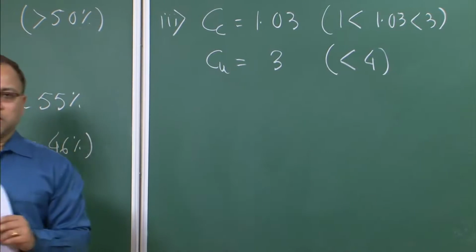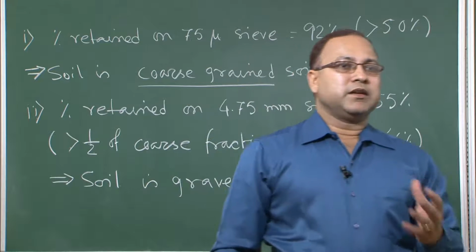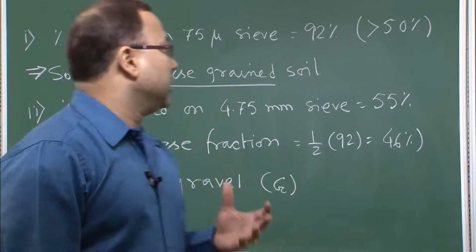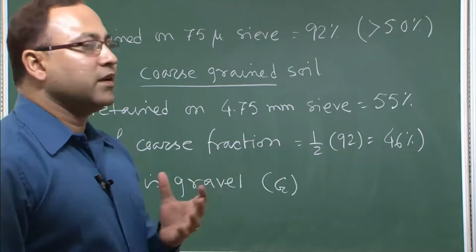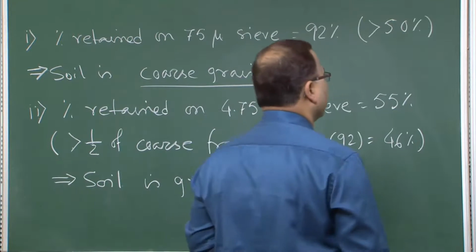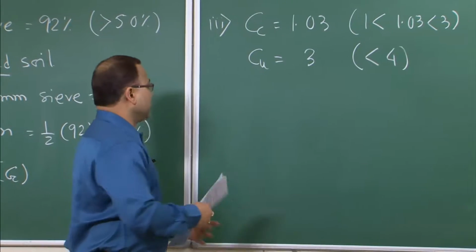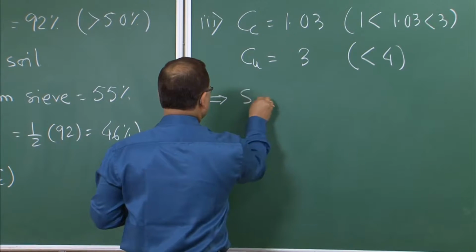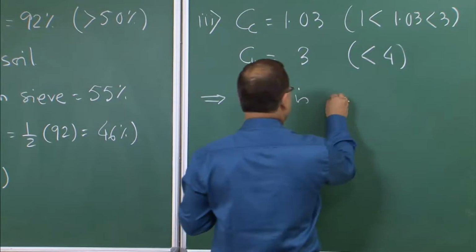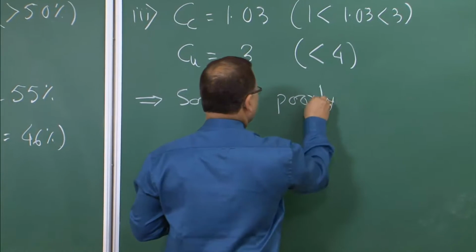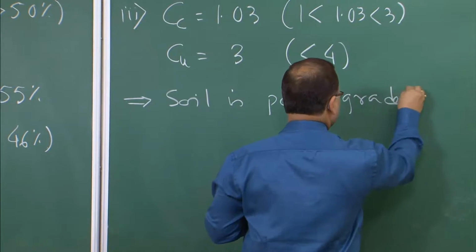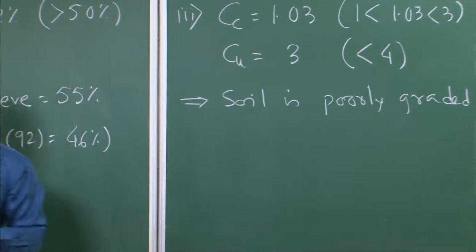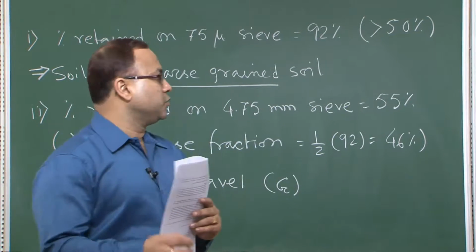If you recall, for getting the well graded gravel, you need to have Cu greater than 4, and you need to get Cc in between 1 and 3. So, the first criterion is not getting satisfied, whereas the second criterion is satisfied. So, this soil, or the gravel, is poorly graded. So, you have got the suffix as P. So, it is poorly graded gravel.